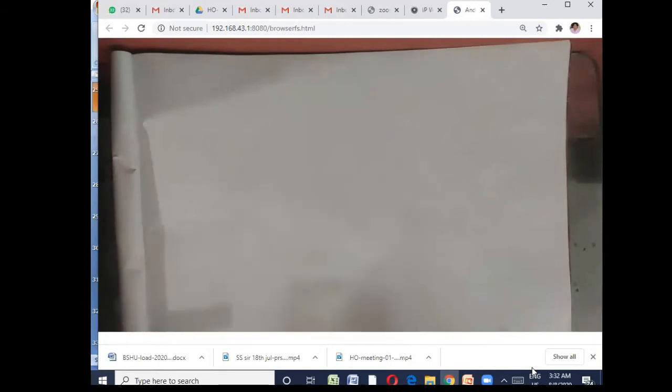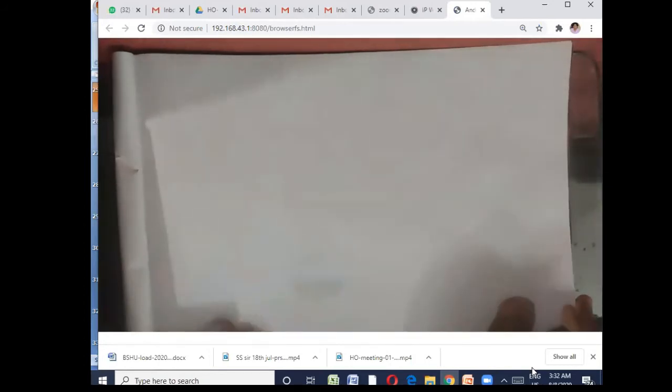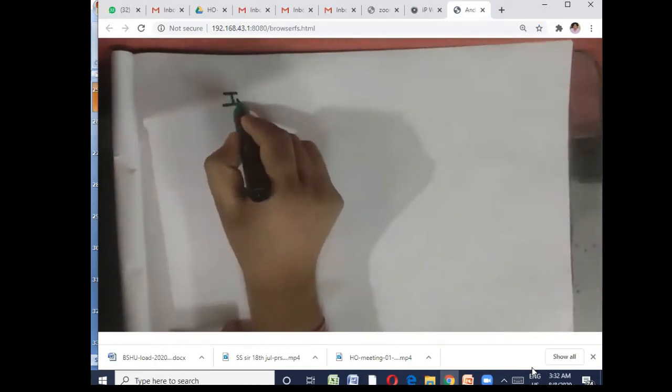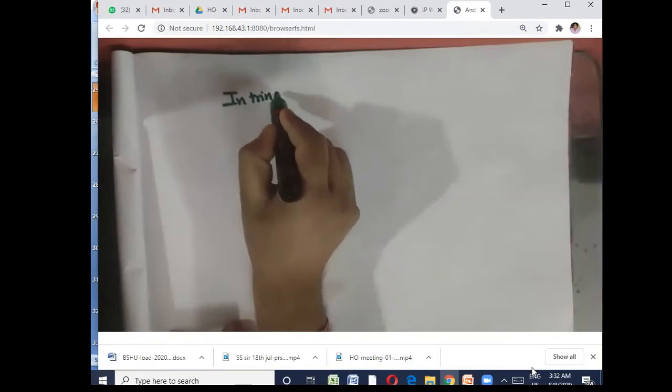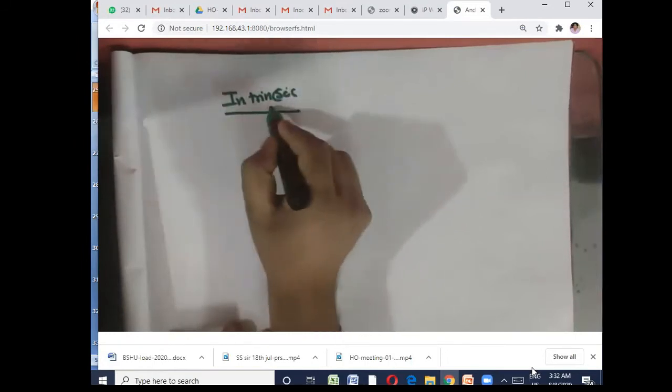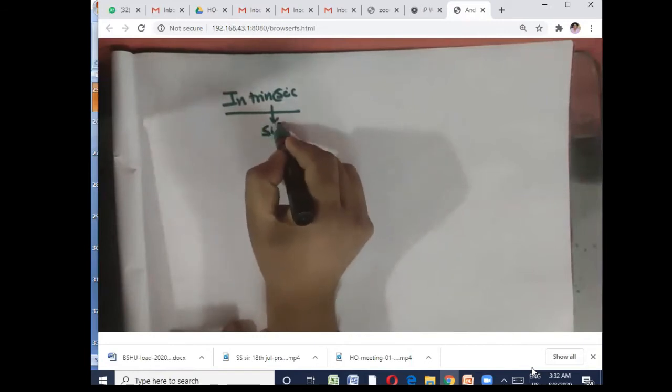Now suppose I choose an intrinsic semiconductor, silicon, germanium, whatever you choose.